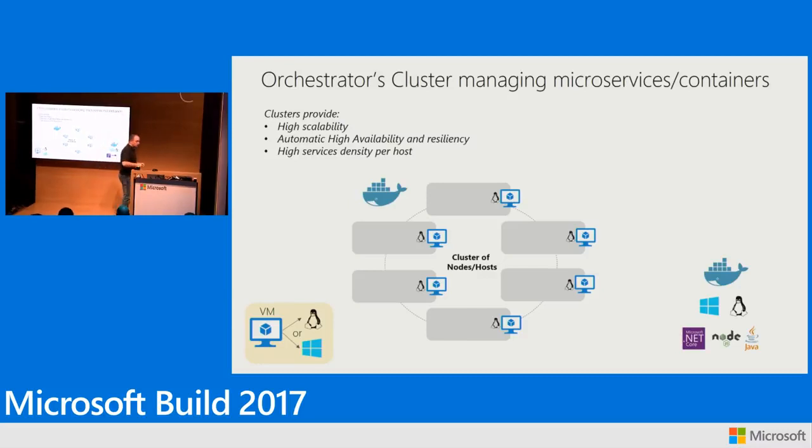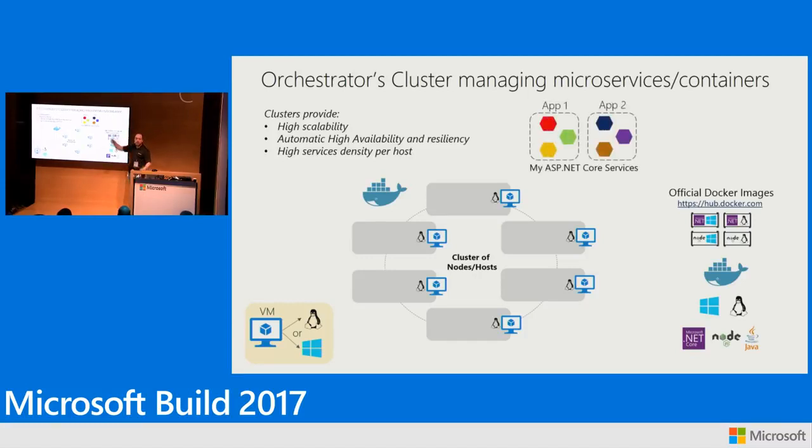In this case, you would have a cluster of hosts, which could be Linux hosts, or Windows hosts for Windows containers. The thing is that you have the base images in Docker with .NET and Windows containers, or .NET and Linux, or other languages.